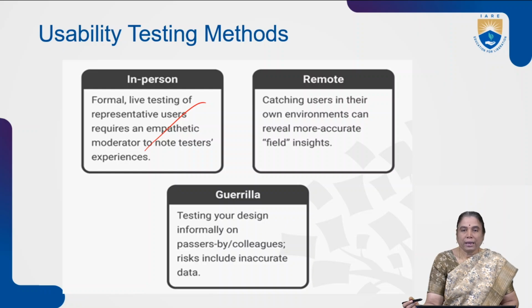And in the remote category, catching the users in their own environment can reveal more accurate field insights. And the next one is guerrilla testing: testing your design informally and passing it by colleagues risks inaccurate data. So these are the major considerations in usability testing.